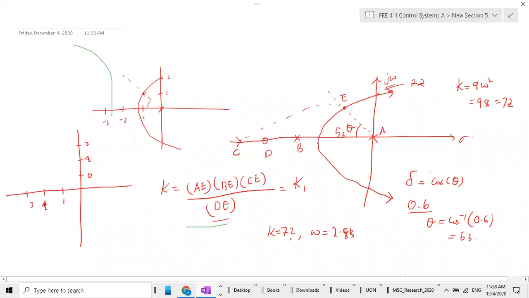So at this point, omega is 2.83. And also, if you have k equal to 72, you'll have 2.83 as frequency. And since it's on the j omega axis, it means the system is what? Marginally stable. It has sustained oscillation, as in there is oscillation throughout with this frequency. Makes sense, sir. Thanks.